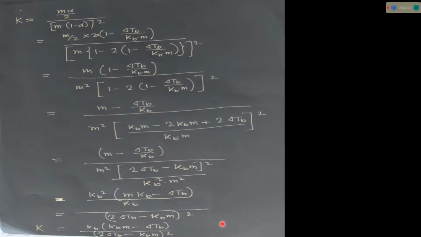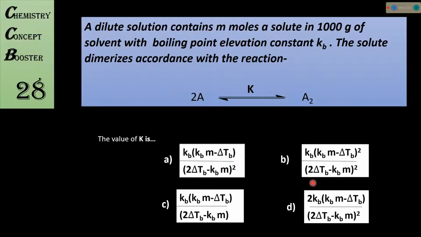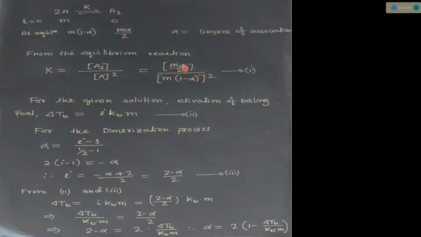Now from equation 1, the actual one, we have to find the value of K, where K equals m alpha by 2 upon m into (1 minus alpha by 2) whole square. There alpha is present in these equations, and see the options, there is no alpha value. In this expression Kb is there, m is there, so we should not change the value of m.